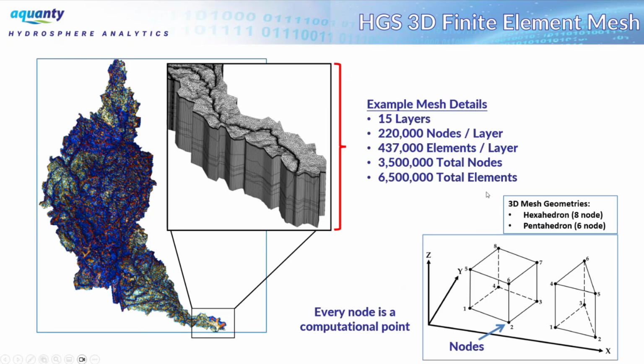HydroGeoSphere model runtimes are always going to be long compared to other models just by virtue of the nonlinear nature of the governing equations of flow. So wherever possible, I always caution new users to take an austerity mindset when it comes to building your models. Try and keep them simple at first.